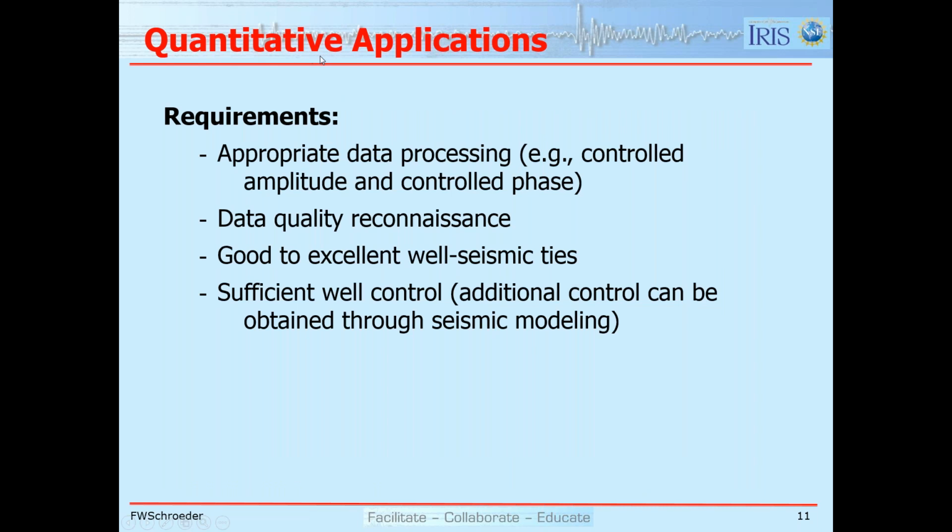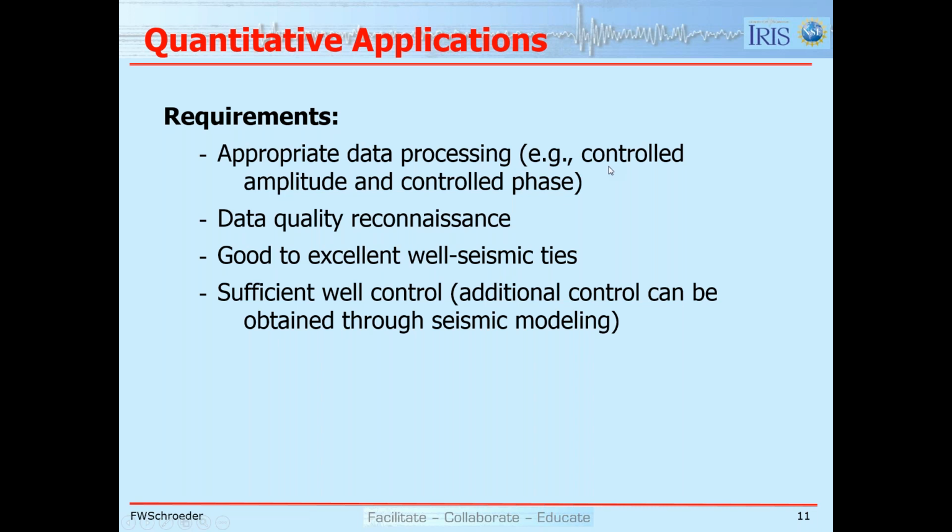If we want to do a quantitative application, we have some requirements. We need appropriate data processing. We don't want to do something in data processing that would destroy the relationship between reflection coefficients and the seismic amplitude.